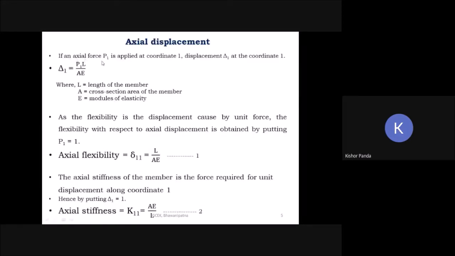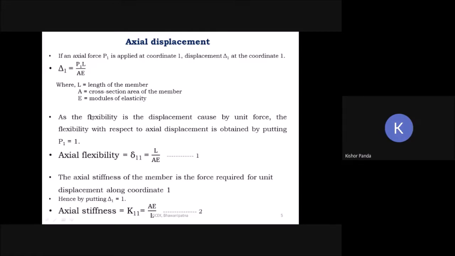If an axial force P1 is applied at coordinate 1, the displacement delta 1 at coordinate 1 is, as you know in solid mechanics, delta 1 is equal to P1 L by AE, where L is the length of the member, A is the cross-sectional area of the member and E is the modulus of elasticity.